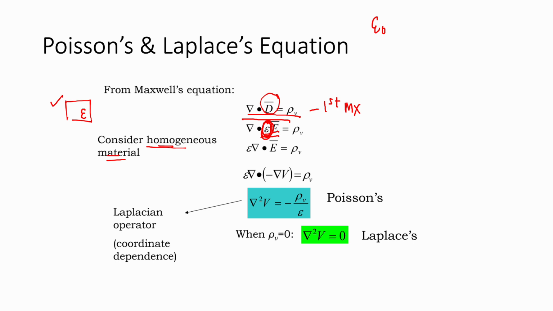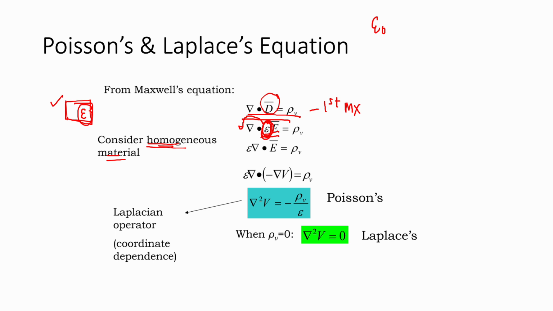It is a material whose whole structure is uniform, and therefore the value of epsilon is uniform for the whole structure. It is only one type of material, so we can bring this epsilon in front.